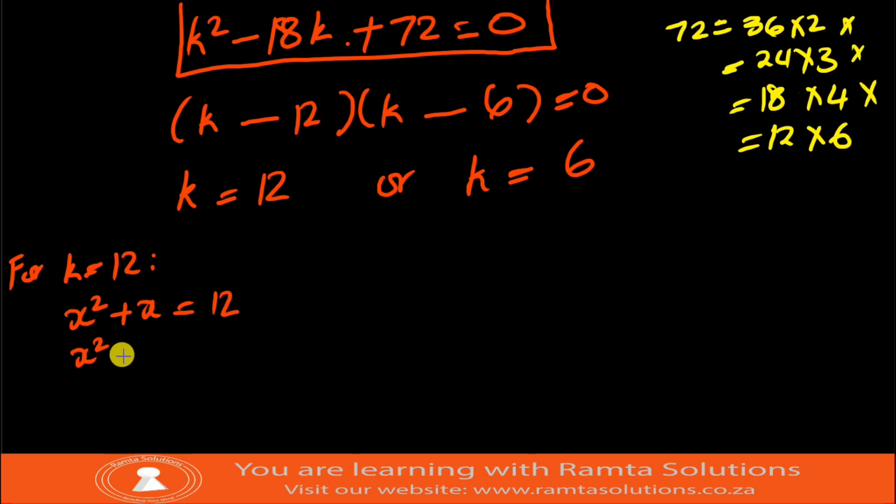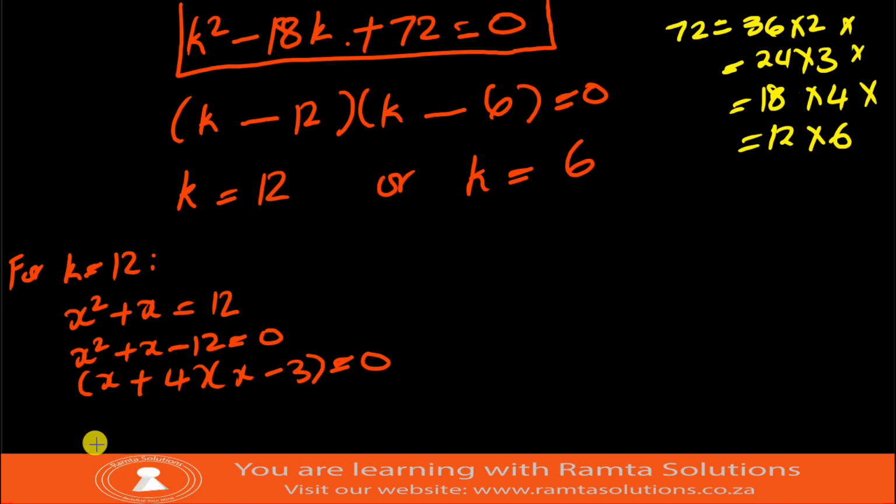So we can say x squared plus x minus 12 equals 0. Therefore, we have x minus 4, x minus 3. However, the bigger factor must be positive, so this guy is positive. Our answer, therefore, is x equals minus 4 or x equals positive 3.